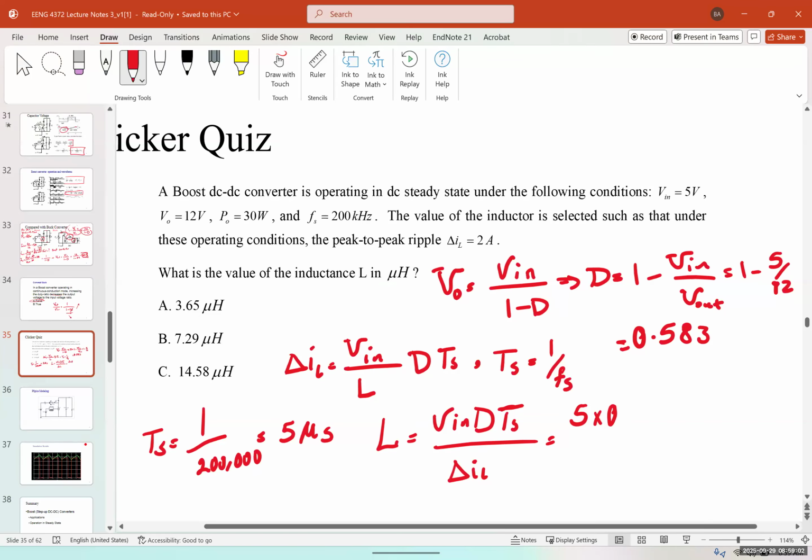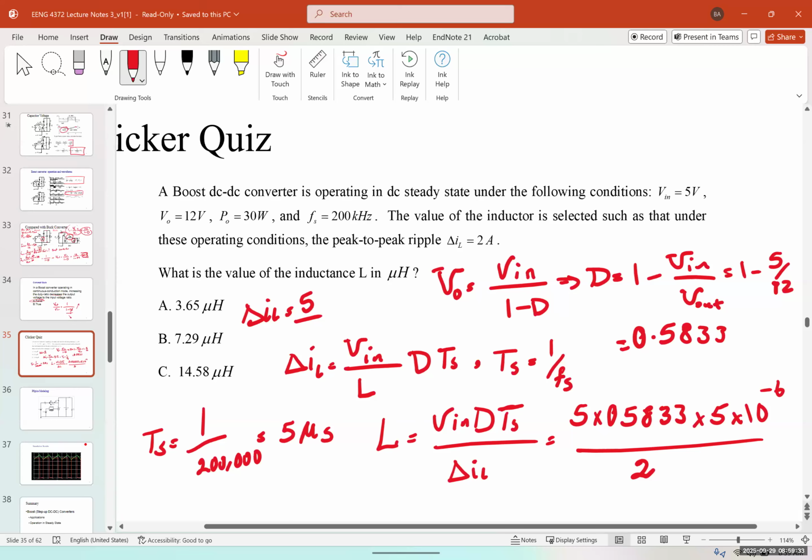It's going to be 5 times 0.5833, which is our duty ratio D, times 5 times 10 to the power of -6, divided by delta IL.